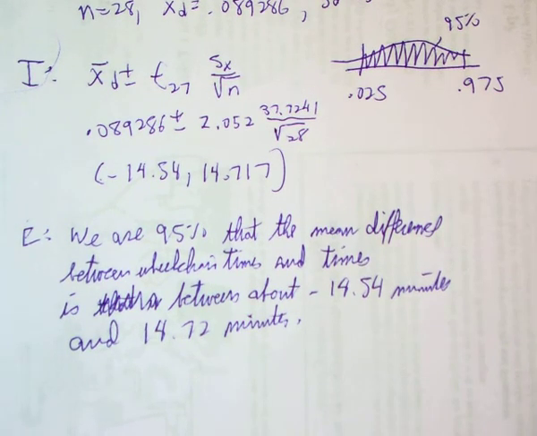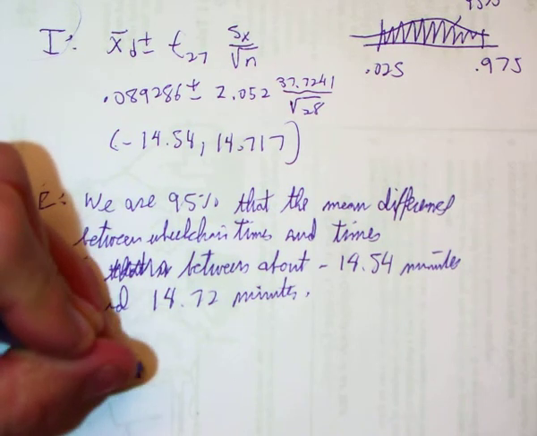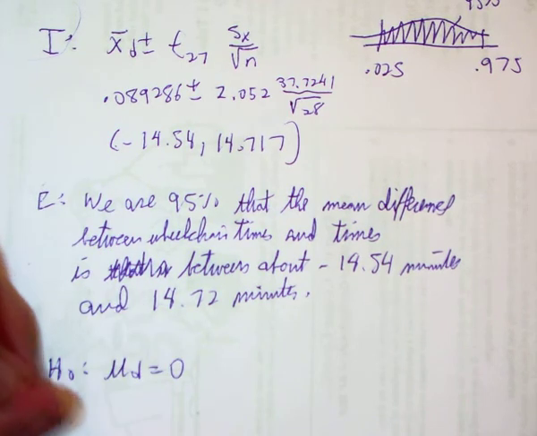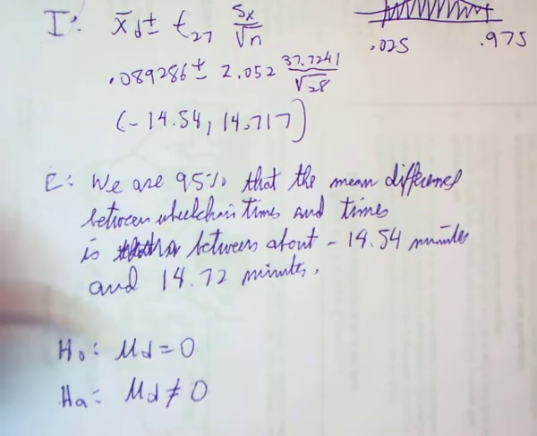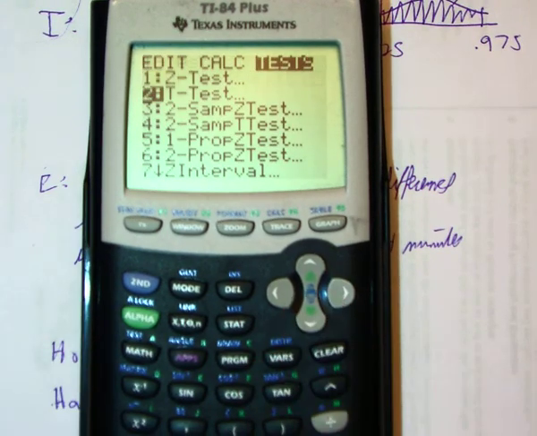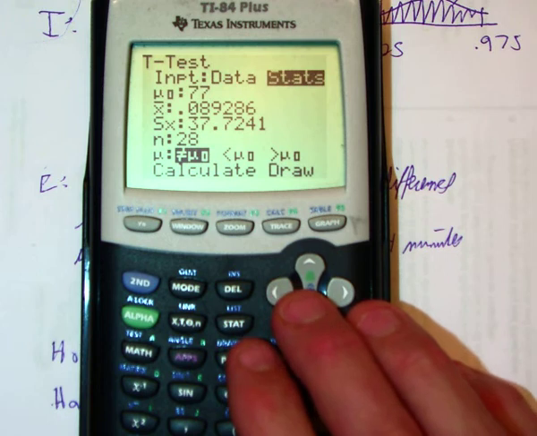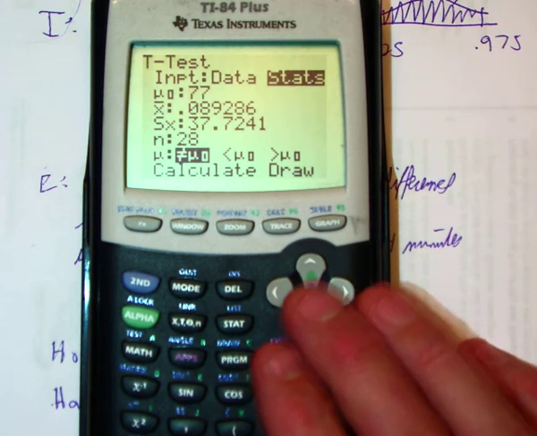Now, remember, a 95% confidence interval coincides with a two-tailed test. And you can test it yourself. Just go to t-test. There's t-test and there's our stats. So what's our difference?